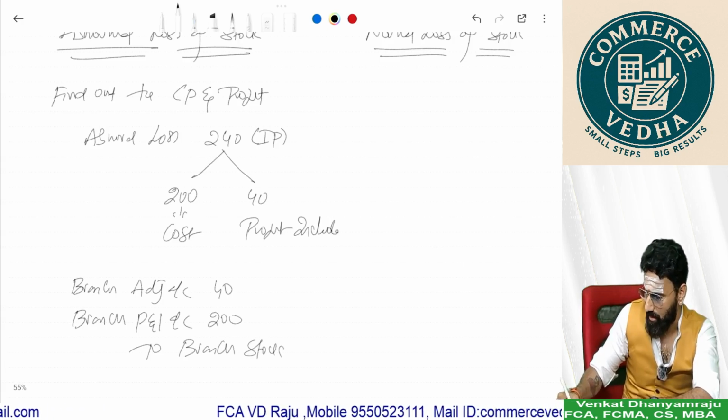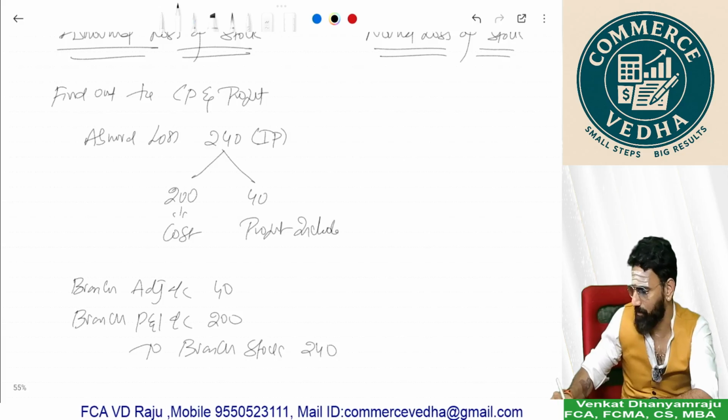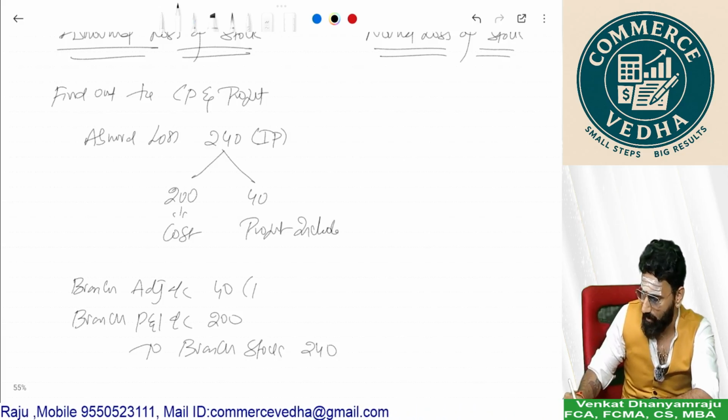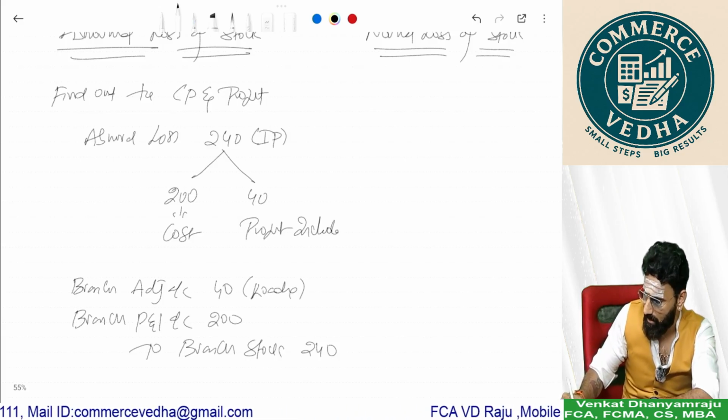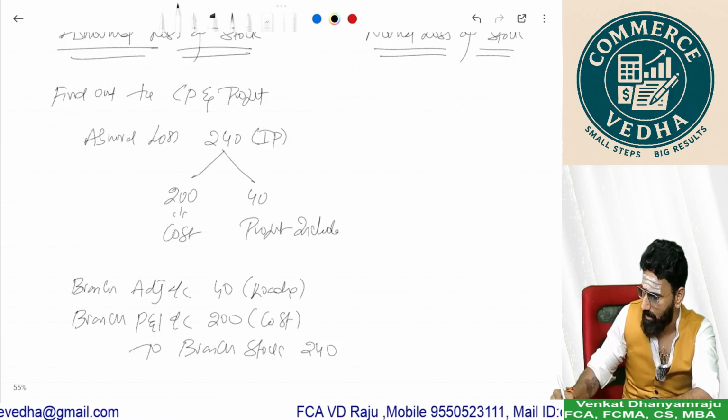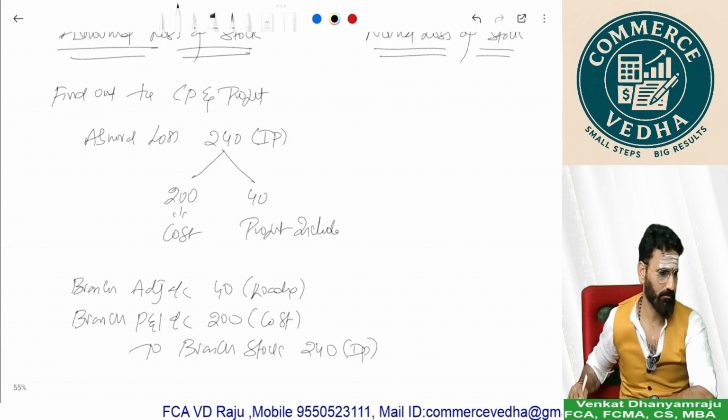Stock. I should credit stock for the invoice price. This is loading, this is cost, this is invoice price.